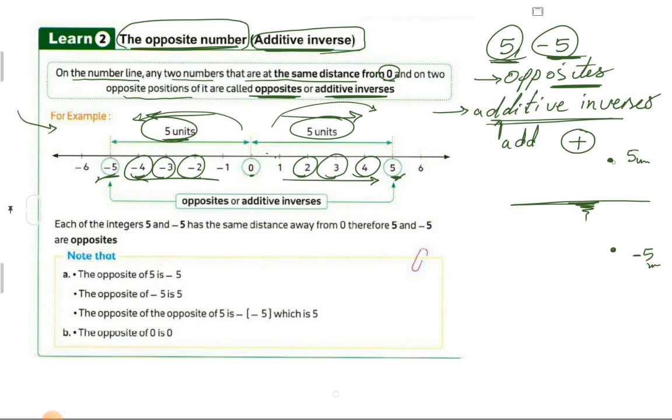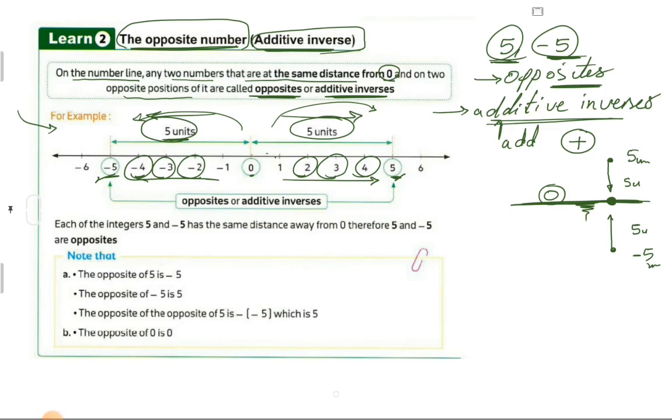If we walk down to the sea level and walk up to the sea level, here we walk 5 units, and we walk 5 units, and we reach the sea level, it's 0. It's the origin.